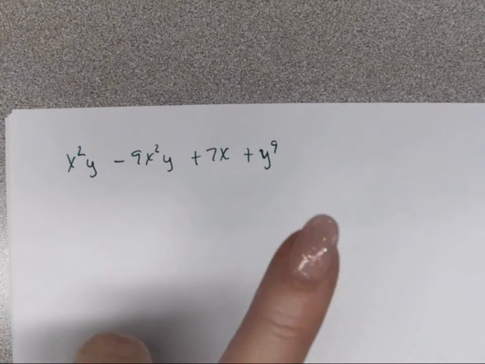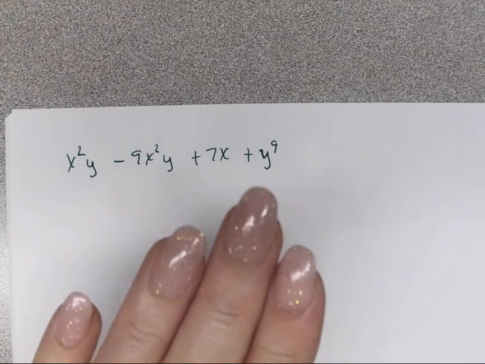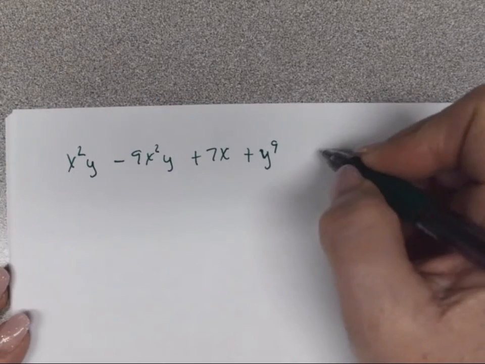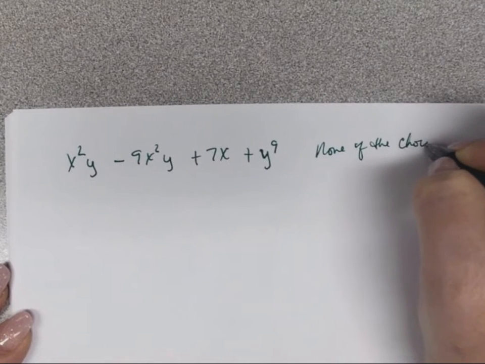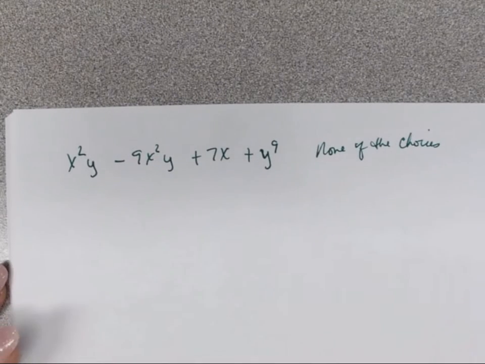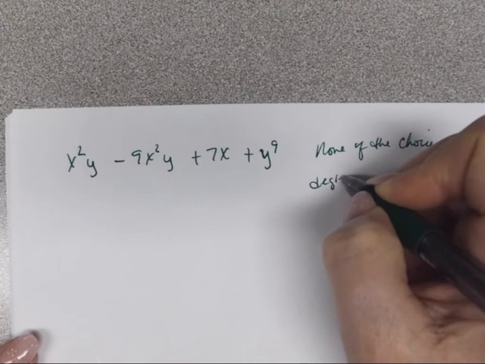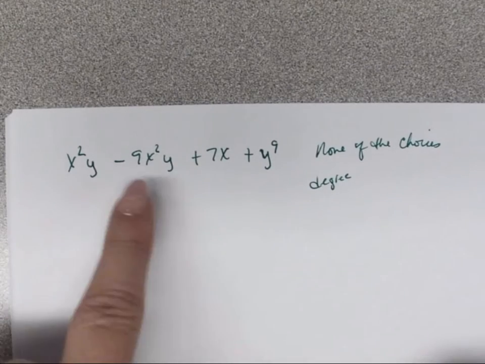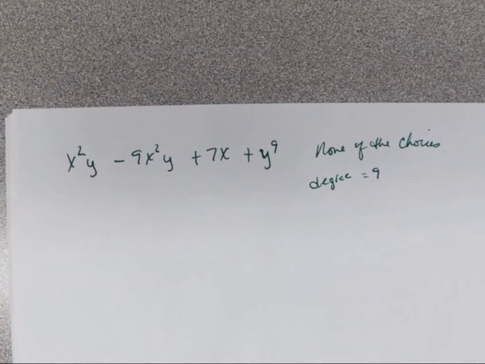So it's not a monomial, it's not a binomial, it's not a trinomial, it's neither. So it's none of the choices. And because it has four terms, our degree is going to be the highest degree that we have. The highest degree we have is 9, so the degree of the polynomial will be 9.